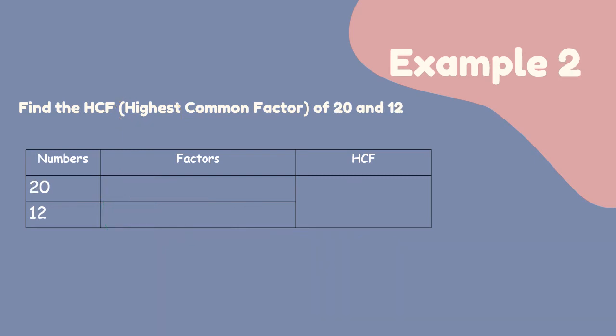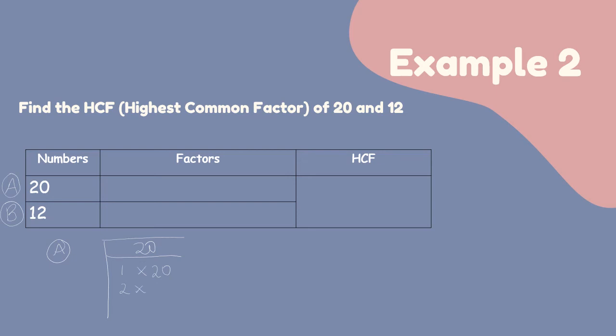Example 2, find the highest common factor or HCF of 20 and 12. So as usual, A represents 20 and B represents 12. So first thing first, we need to find the factors of 20. So for A, big letter F, we're looking for factors of 20. We're going to start with 1 times 20. And then 2 times what gives 20?